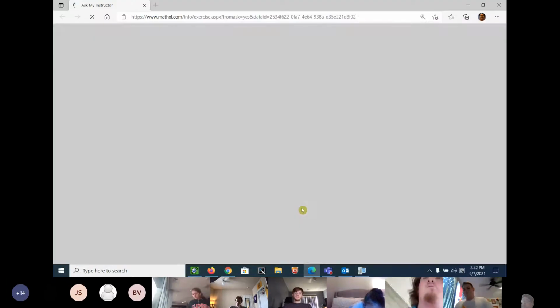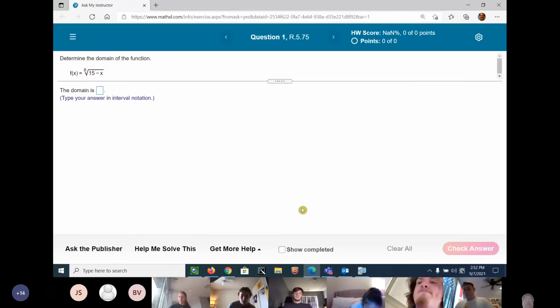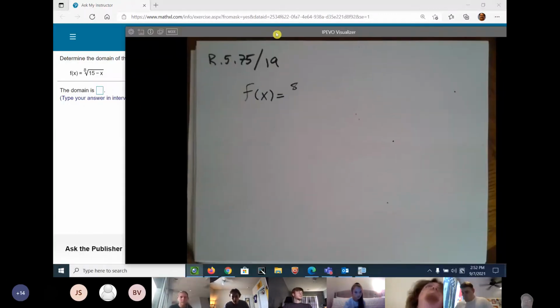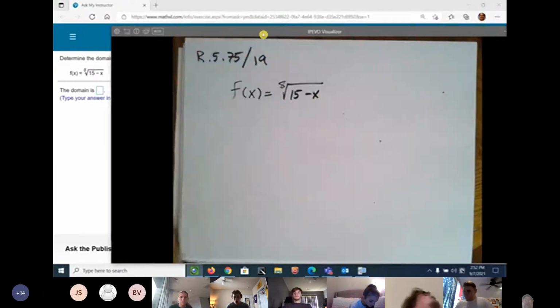Well, this one, you just got to set the radicand equal to 0. F of x is equal to the 8th root of 15 minus x. Now, we got an even exponent, an even index.